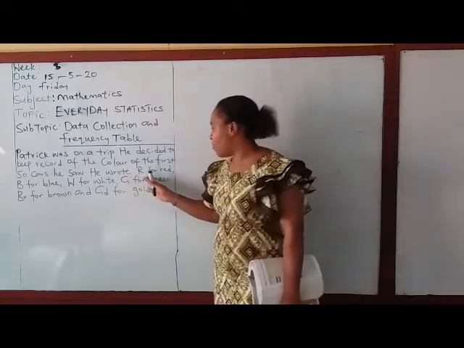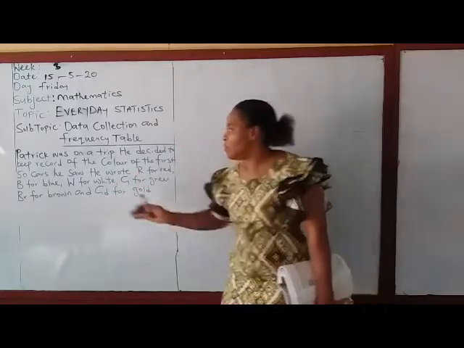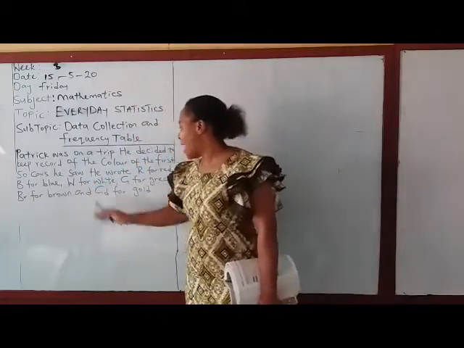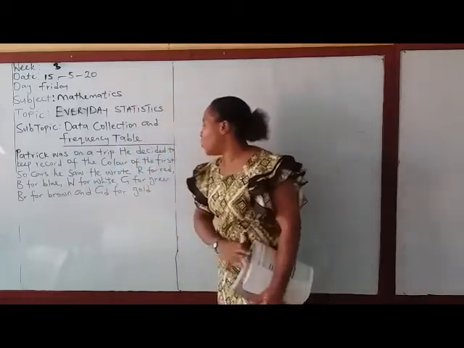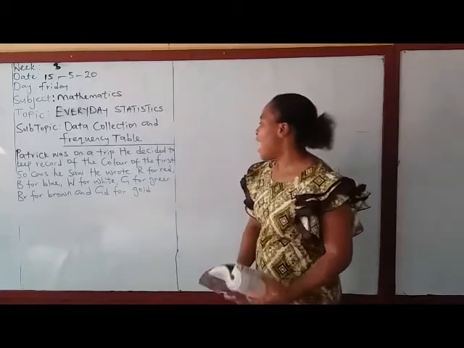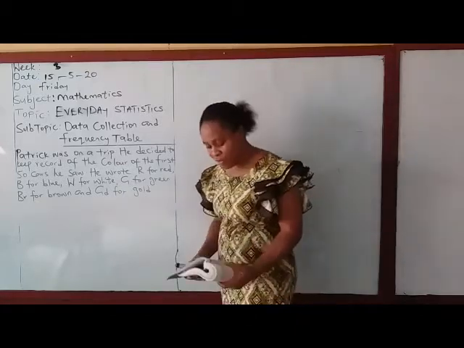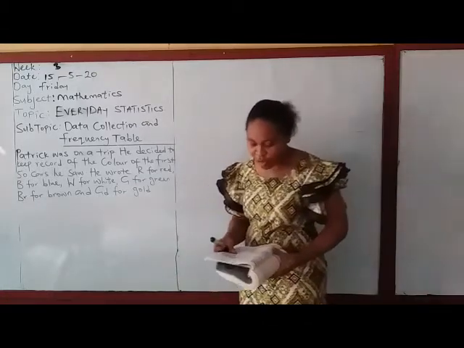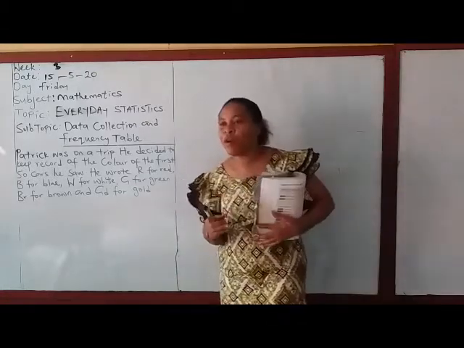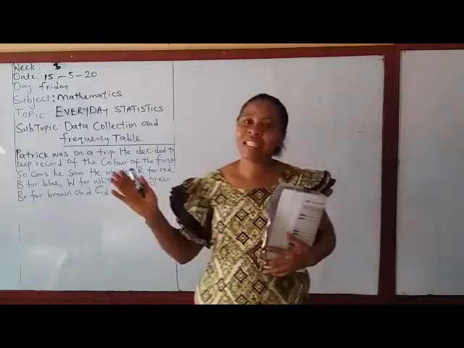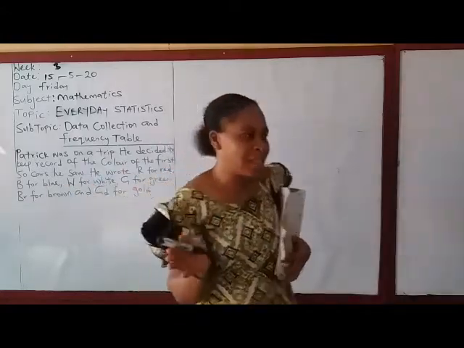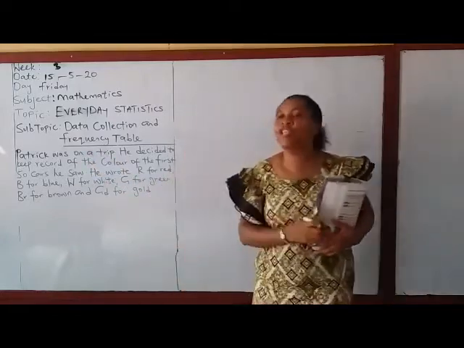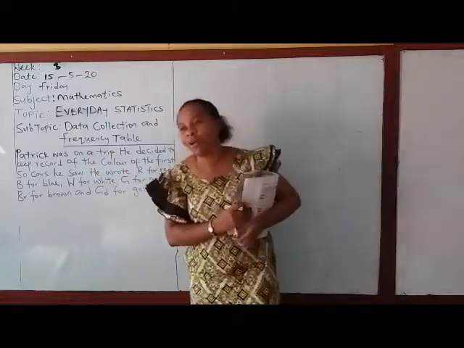He wrote R for red, B for blue, W for white, G for green, BR for brown, and GD for gold. He said, as I am on this trip, all the cars that pass along the road I'm traveling on, I'm going to keep record of their colors.